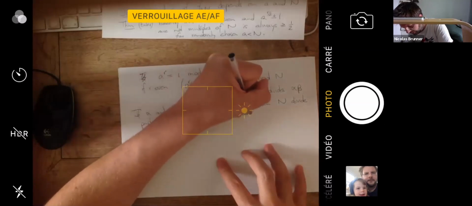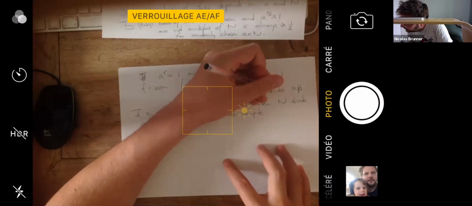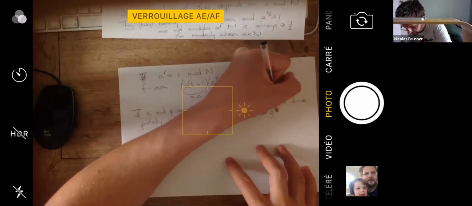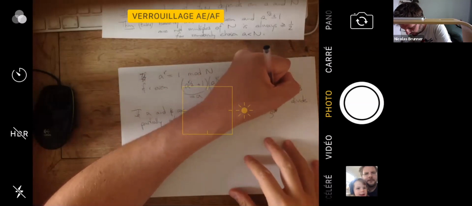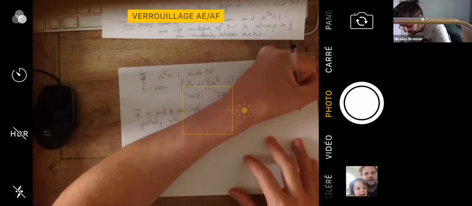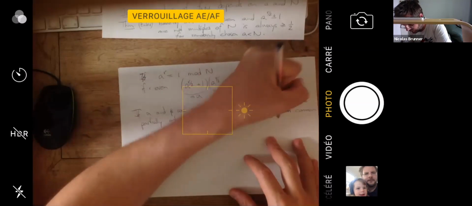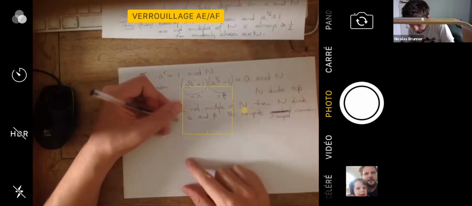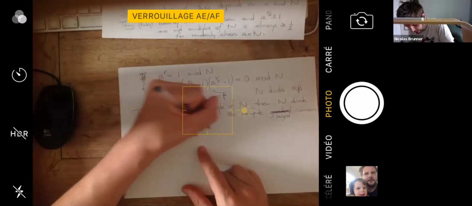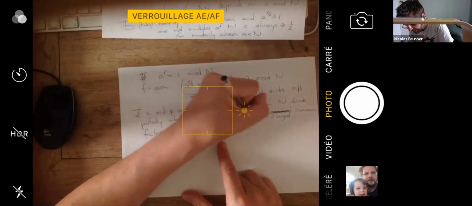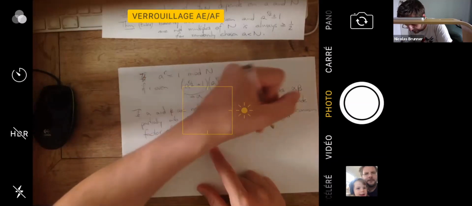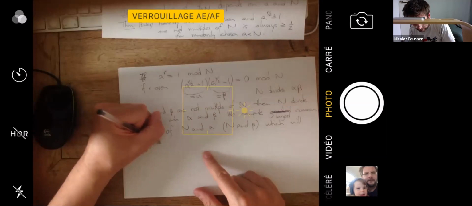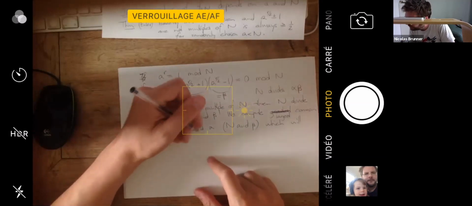So the point is we compute the greatest, or rather the largest, common factor of n and alpha, and then I will also do it for n and beta, which will give the factors, or at least one factor of n.